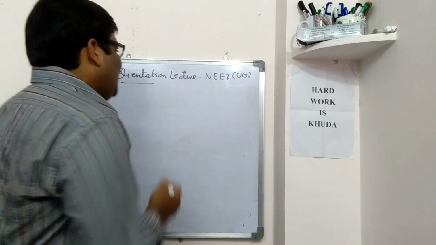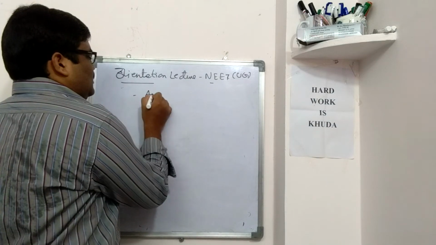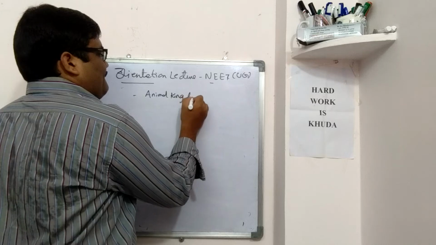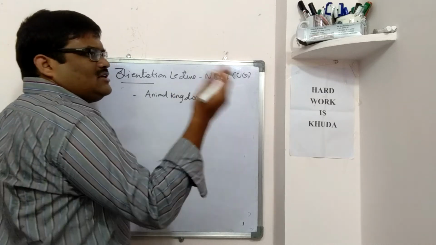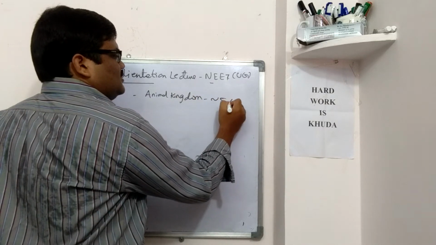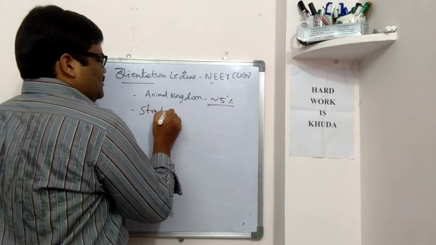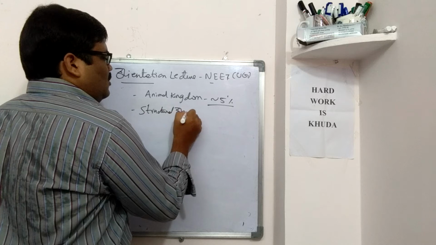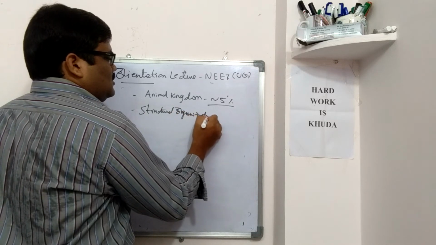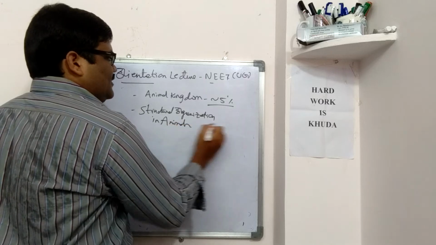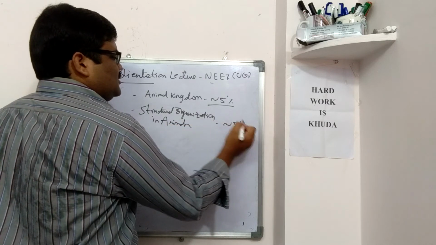For example, animal kingdom, its weightage is nearly 5%. Structural organization in animals, weightage is nearly 5%.